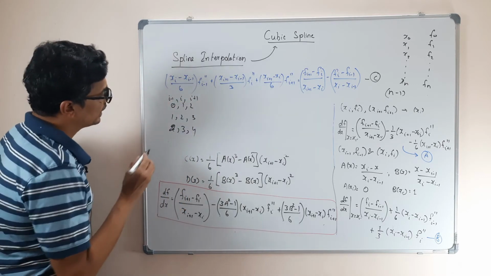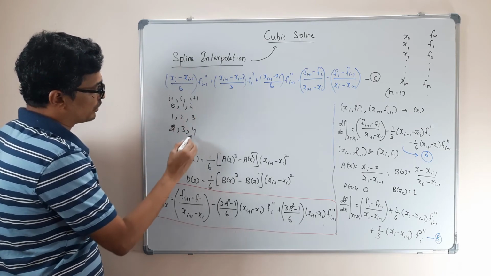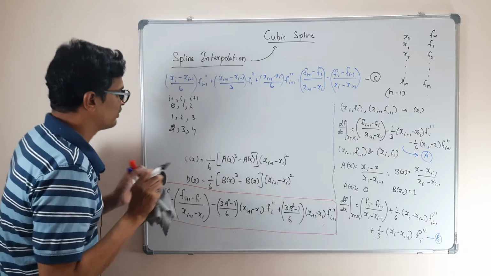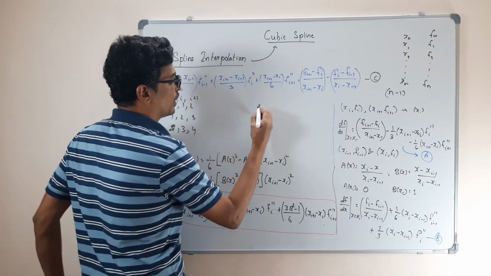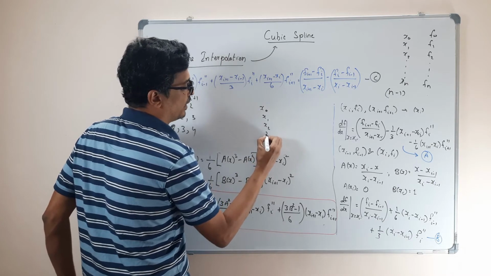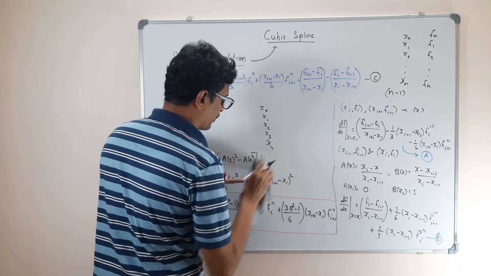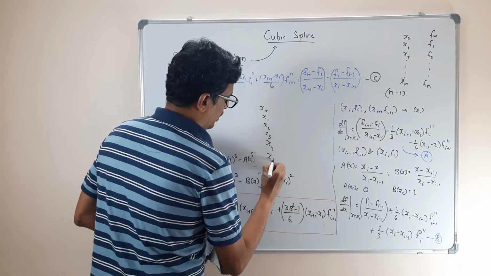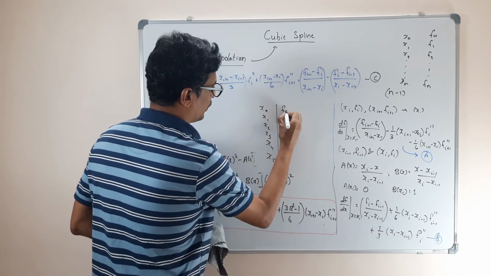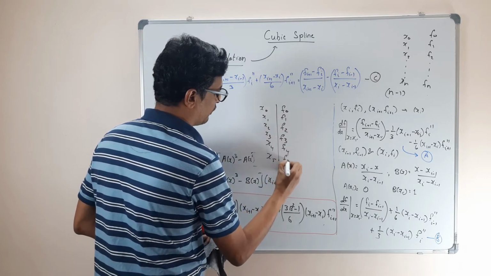So suppose you have 5 points, that will be easier to understand. I have points x0, x1, x2, x3, x4 and x5, and we have f0, f1, f2, f3, f4 and f5.